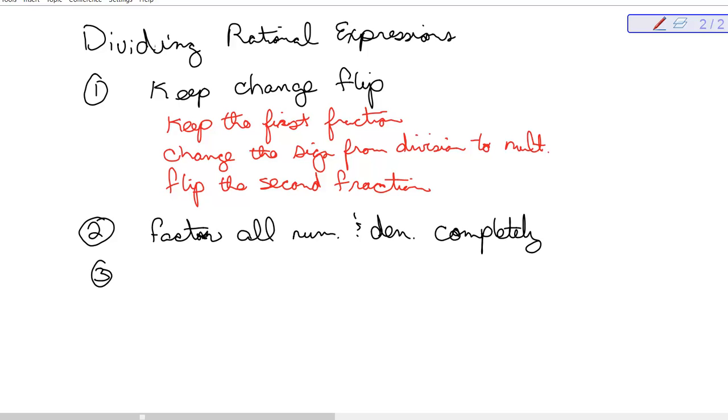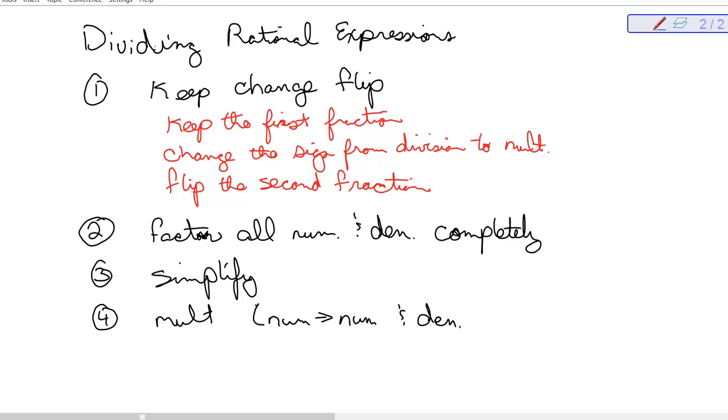Third step is we will simplify, and that is the crossing out one for one, numerator to denominator. And our fourth step is to multiply. That's numerator to numerator and denominator to denominator.